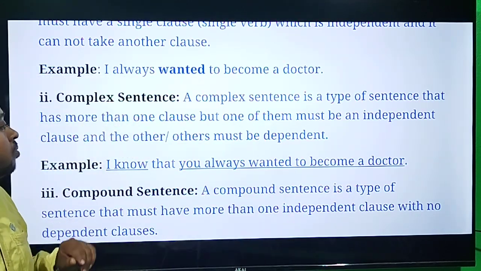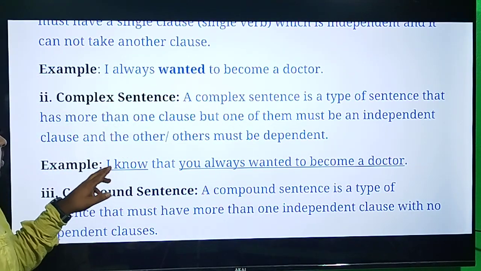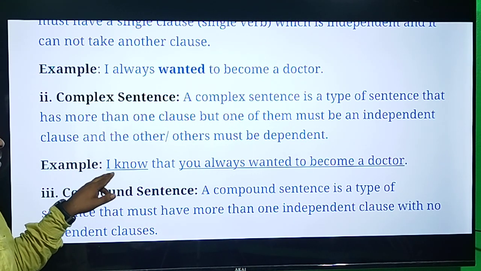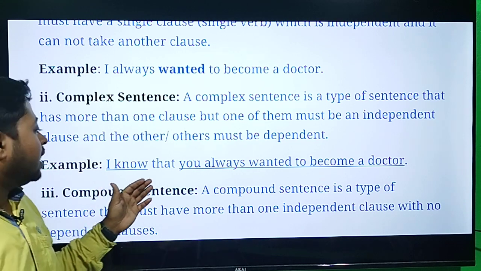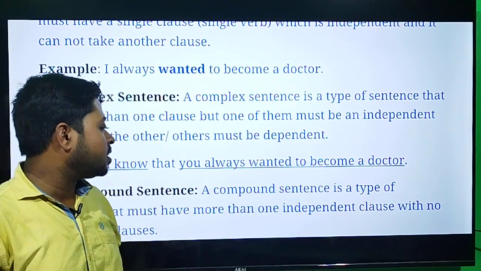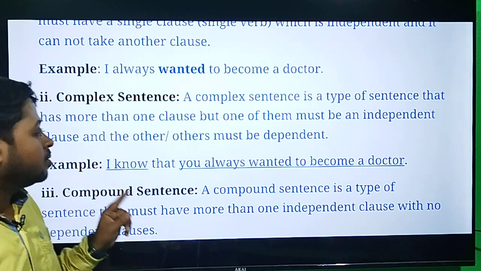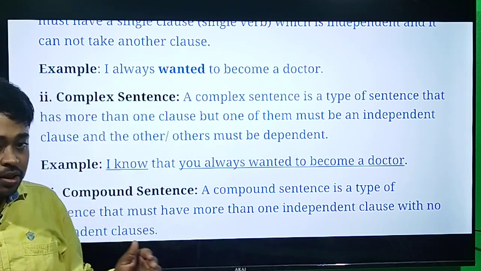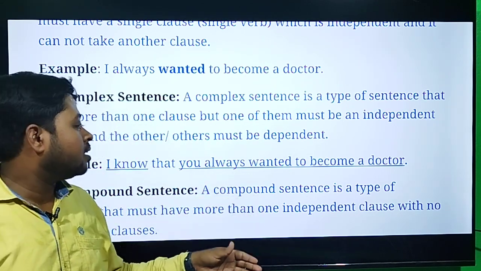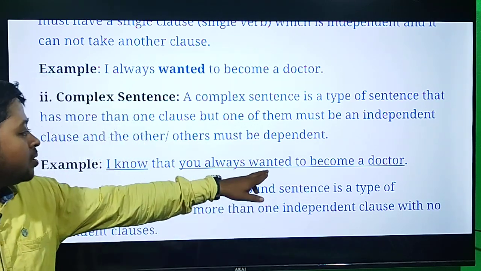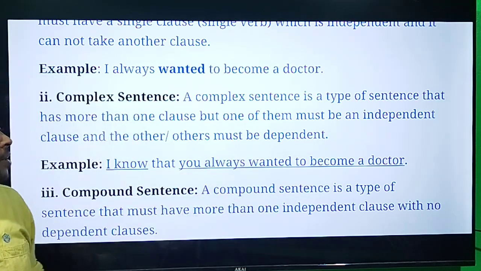Here are two verbs. The letter I is the subject, and then know. And then you always wanted to become a doctor. Here the word know is the independent verb, and the other one, wanted, is dependent.